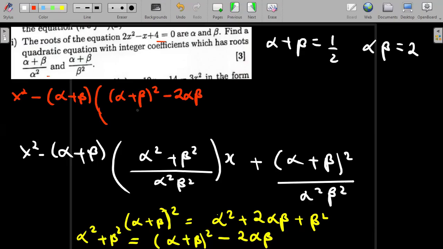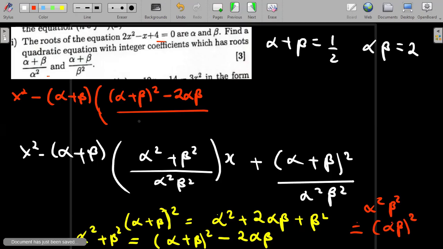What is down is going to remain the same. Or, as you can see, I can put a 2 out. I have this written as alpha squared beta squared, but you agree this is just the same as alpha beta squared, because the square can distribute to there. So I can write what is down as alpha beta squared.